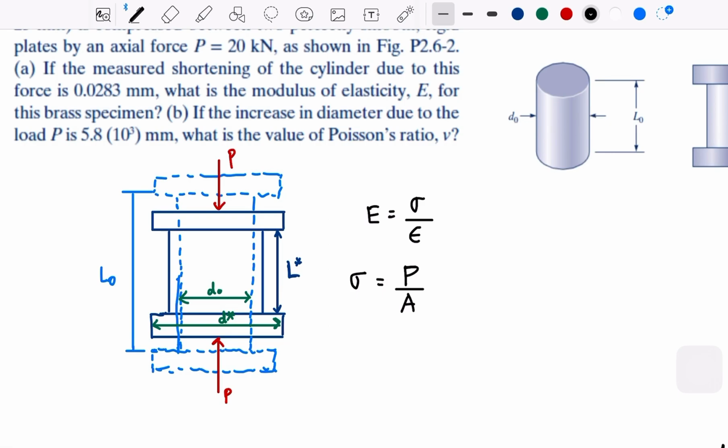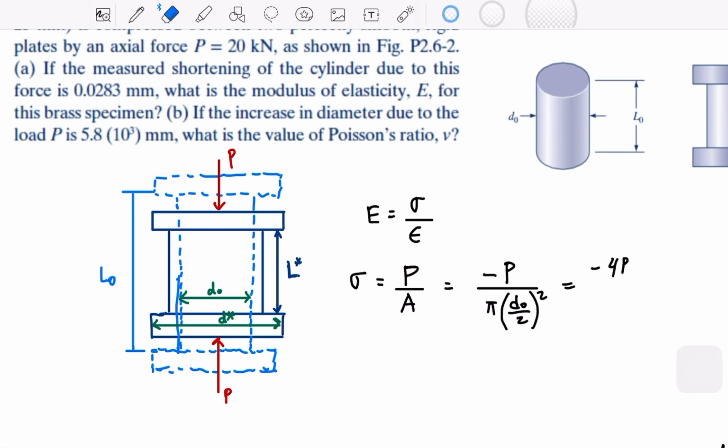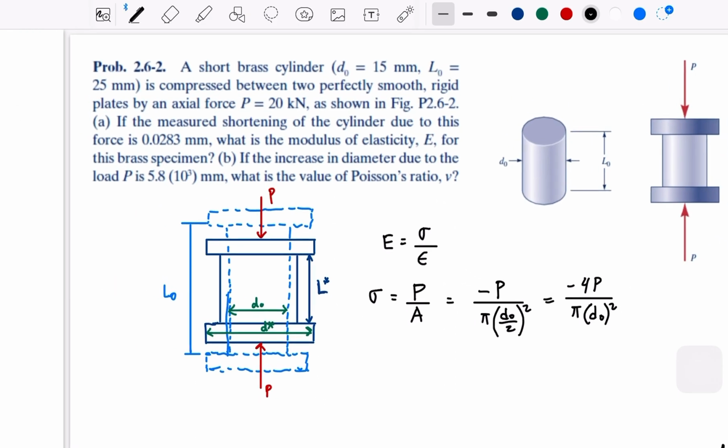Okay, now we take this as, let me write it with the negative because it's going to be compressive. Negative sign, and then this is pi times d0/2 squared, or negative 4P over pi d0 squared.